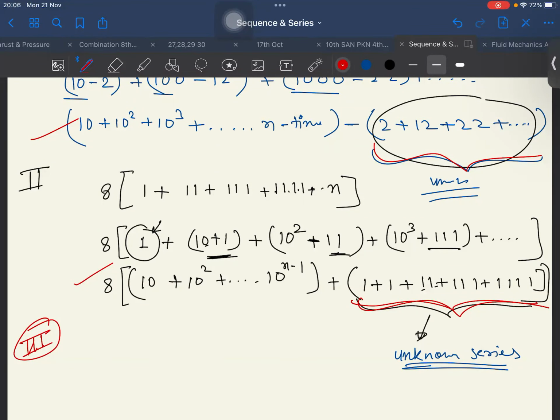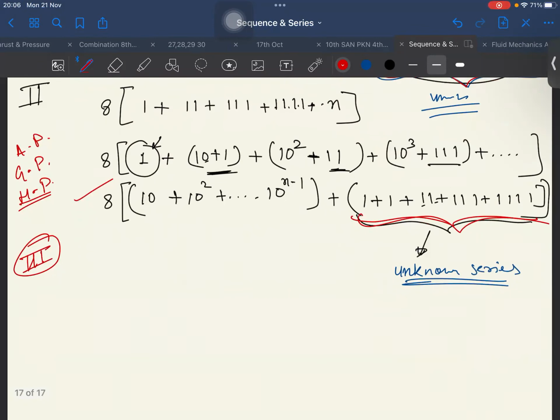Otherwise we don't have a general formula. We have general formulas for GP, AP and HP. Other series like infinite, exponential and logarithmic series are not in your syllabus. So there are specific series for which we have formulas, and that's what we are studying. Now what happens if we multiply it by 9?